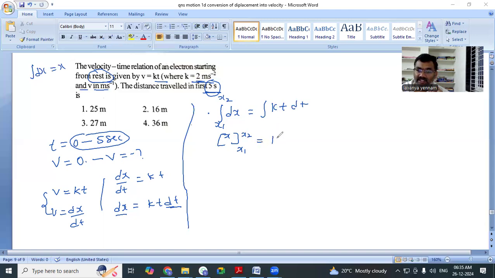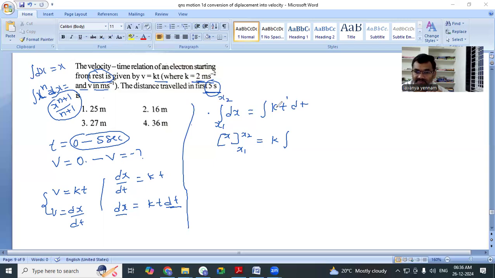Here k is the constant, take it outside. Integral of t. T power is how much here? 1 is there. There is a formula in integration: integral of x power n dx is equal to x power n plus 1 by n plus 1.